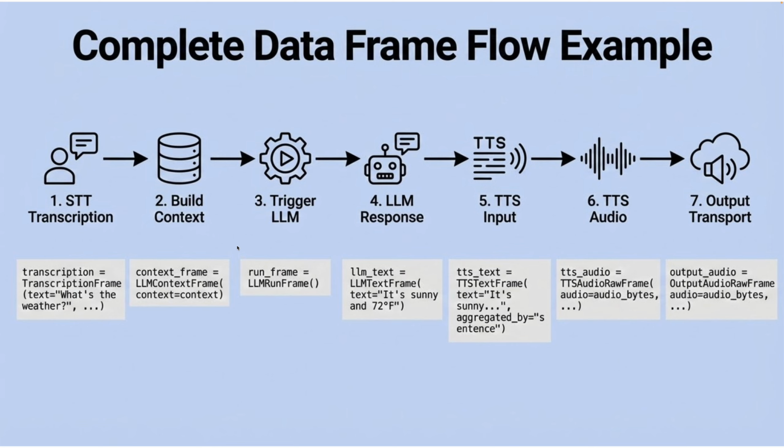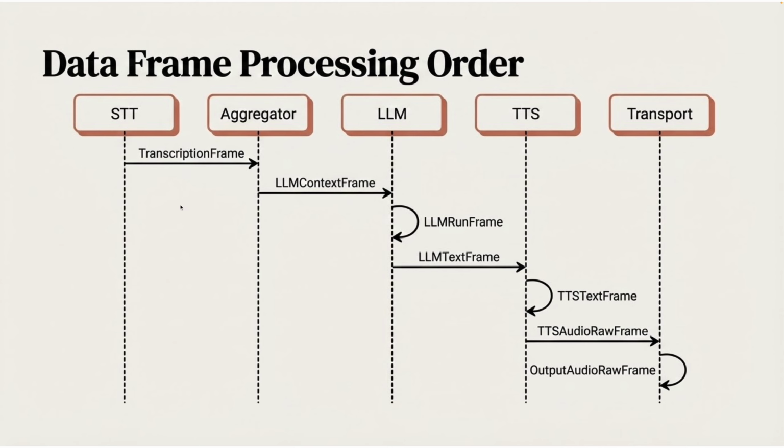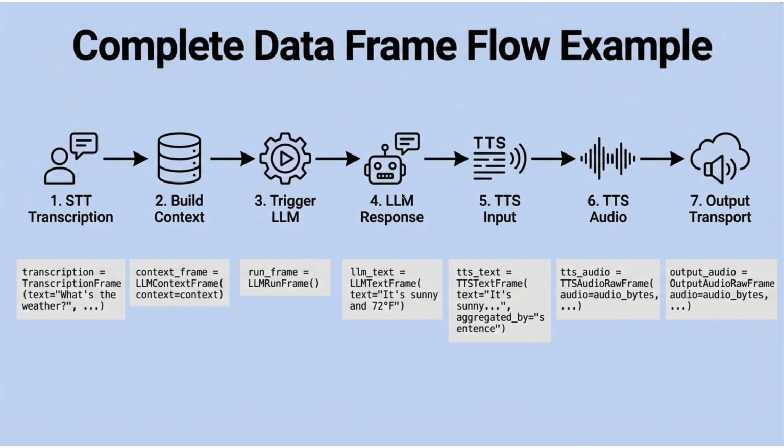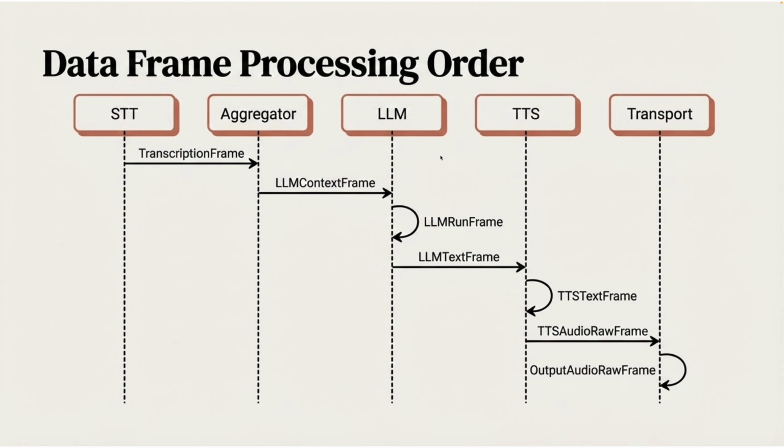There are other frames which we either inject manually or which some services use internally. So I've described all the different data frames. One more example of the same flow: we have STT, aggregator, LLM.